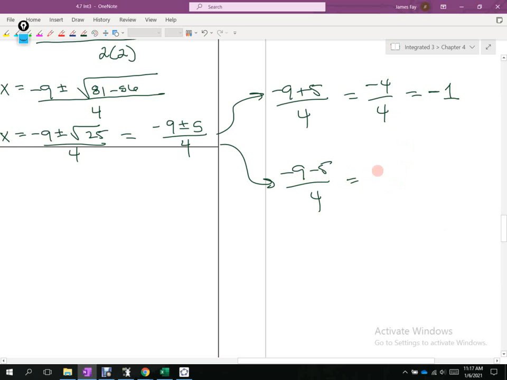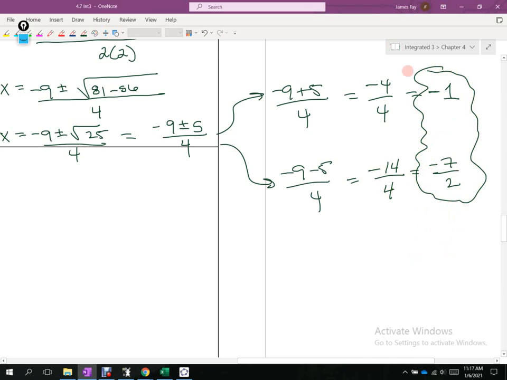Negative 9 minus 5 is negative 14, right? Divided by 4. Does 4 go into 14 evenly? Does not, right? What common factor do they have, though? 2. So I divide 14 by 2, divide 4 by 2, and I can simplify it that way. So those are my two x values.